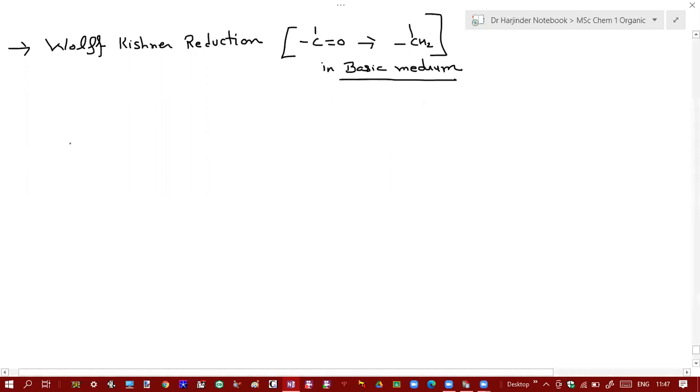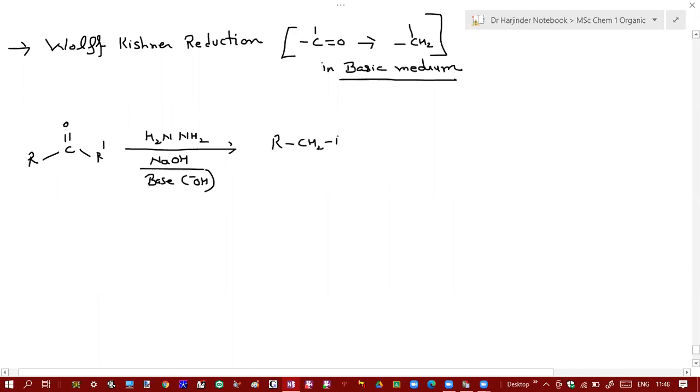So suppose you have any carbonyl compound, suppose an aldehyde or ketone. You treat it with hydrazine in basic medium, sodium hydroxide or some other basic medium. You have to use a base, a source of hydroxyl ions, and you get the corresponding alkane.